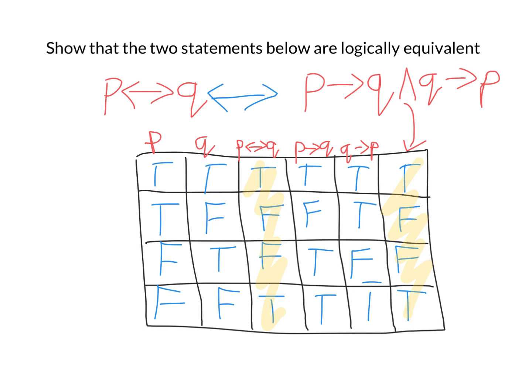Logically equivalent means, as I said, they're both true or they're both false. For example, a number is even, a number is divisible by 2. They are logically equivalent. Either both are true or both are false. In other words, one implies the other. If a number is even, then it must be divisible by 2. If a number is divisible by 2, then it must be even.